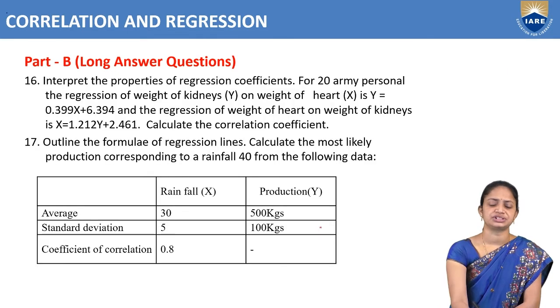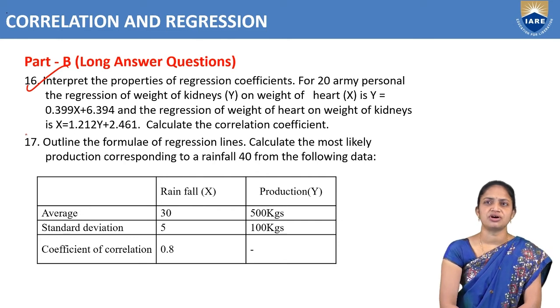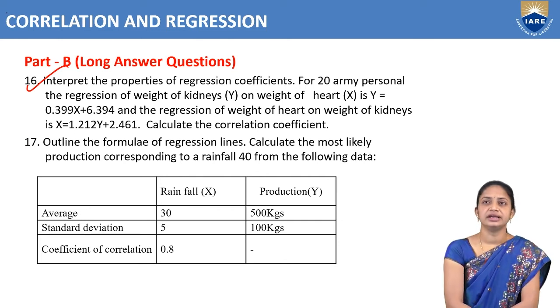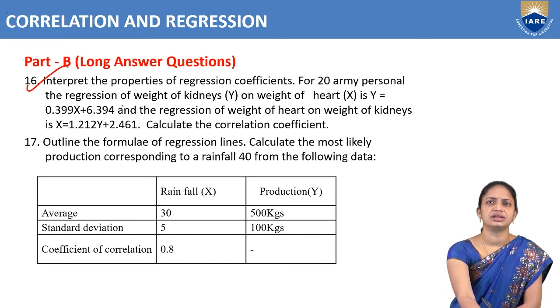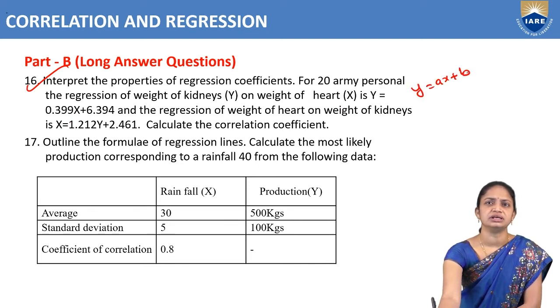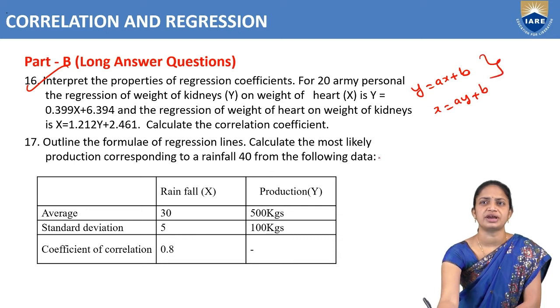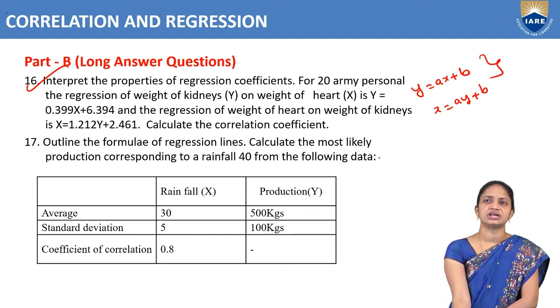Now coming to the next question, interpret the properties of regression coefficients. The regression of weight of kidneys on weight of heart is y equal to ax plus b, and the next one is x equal to ay plus b. So the same, y on x here and x on y here.